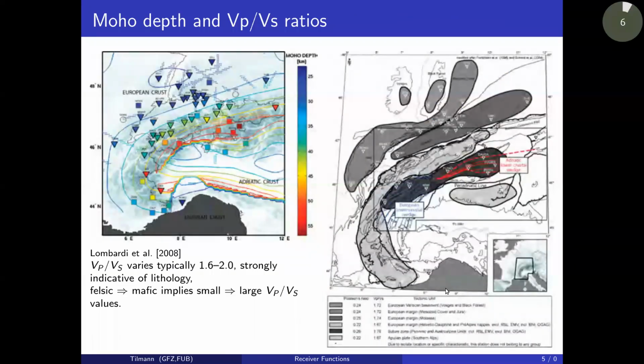And this is just the Moho depth and Vp/Vs ratio. Why we are interested in the Vp/Vs ratio is that it gives an idea of which lithology is there in your subsurface structure.